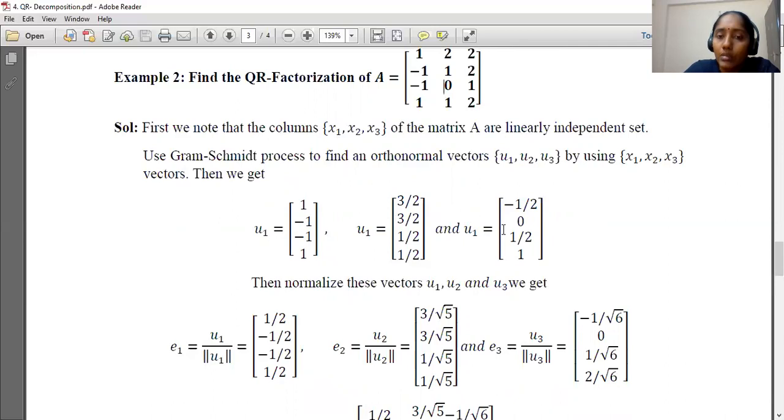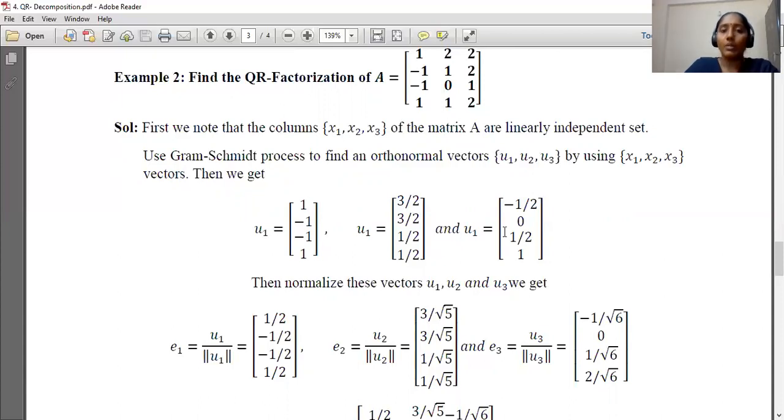Similarly find u3. u3 is orthogonal to u1 and u2. Once you have found these by the Gram-Schmidt process, check again that u1 dot u2 is 0 and u2 dot u3 is 0 or not.